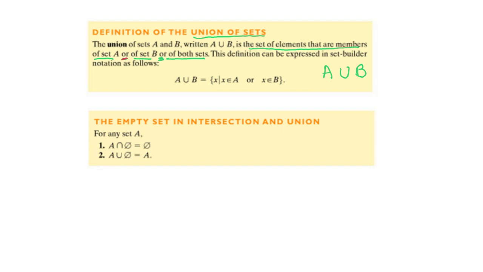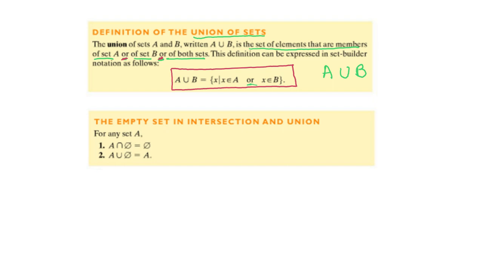All right, there's a lot of ors in here. So notice when we're looking at the formal definition, A union B is equal to all values for x such that x is an element of A or x is an element of B.